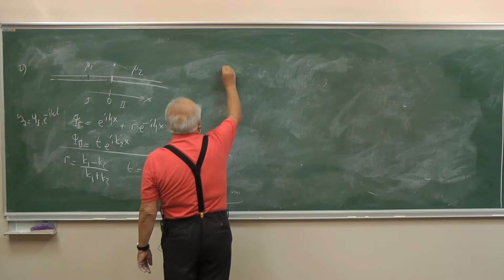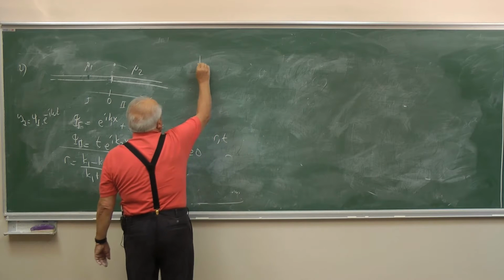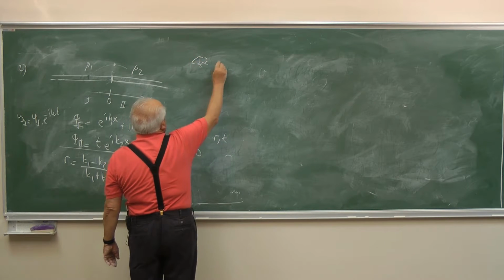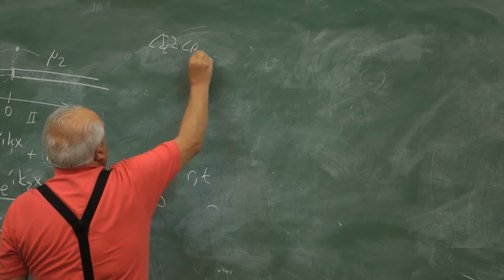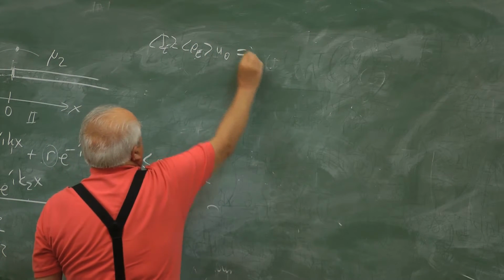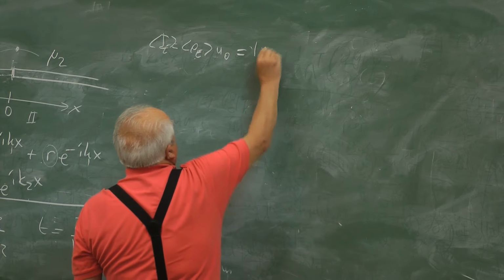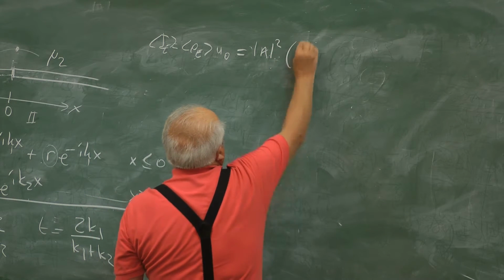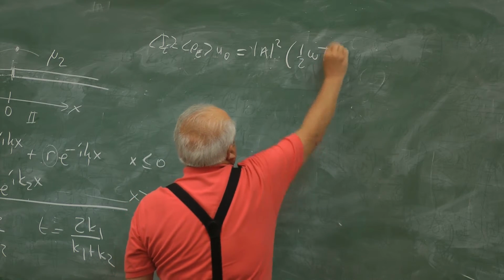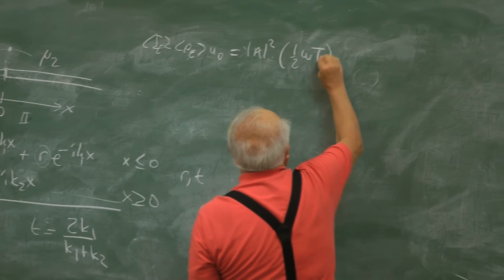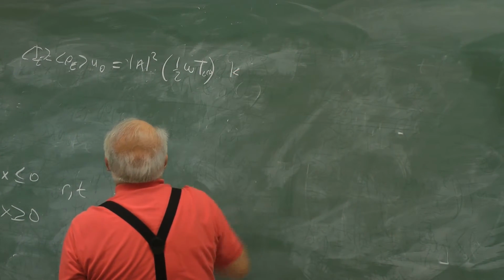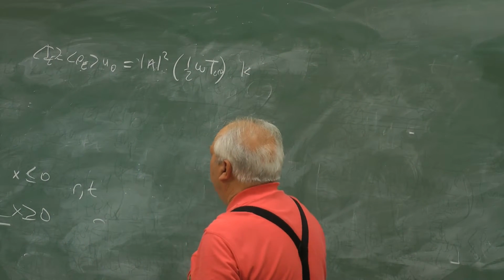For example, we discussed I_E average was ρ, this is A squared, the amplitude squared, times 1/2 ω T, this is the tension, times k. Okay? So we shall make use of it.